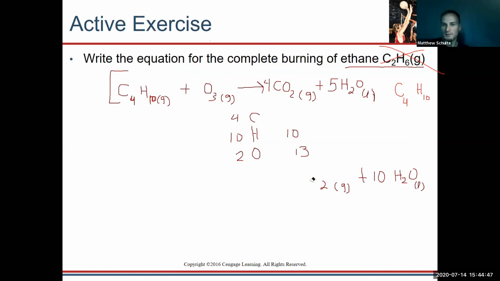Count your elements. Okay. So you've got 4 C on the reactant side, 10 hydrogen, 3 oxygen.